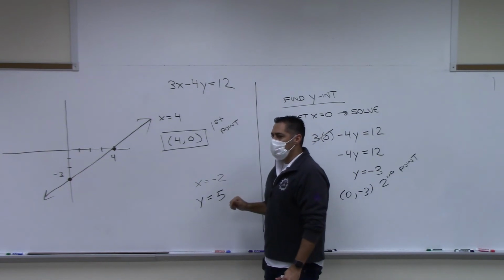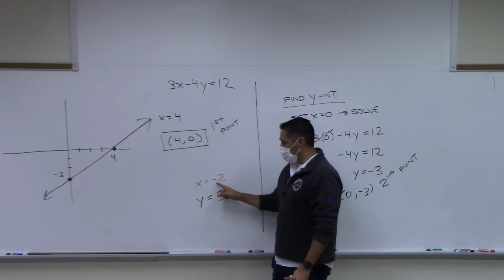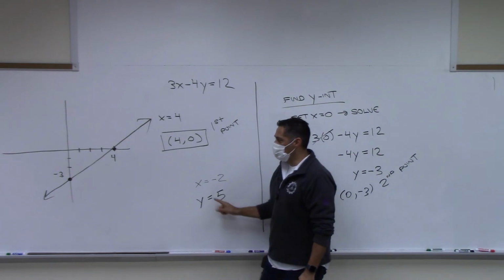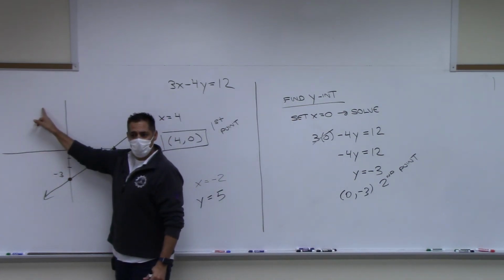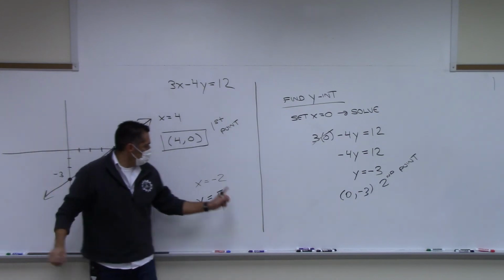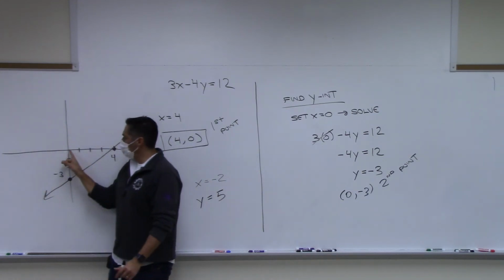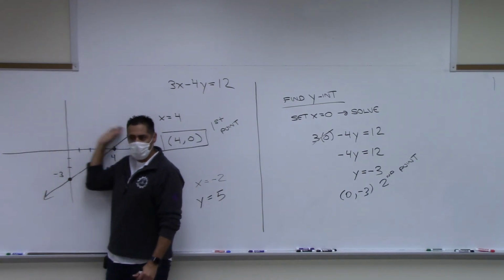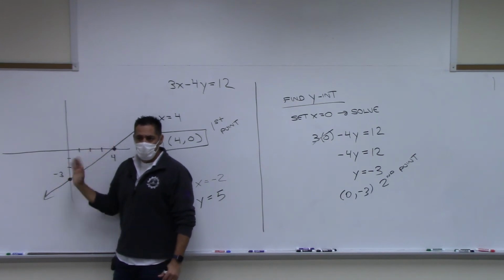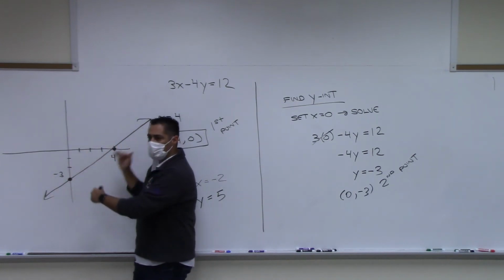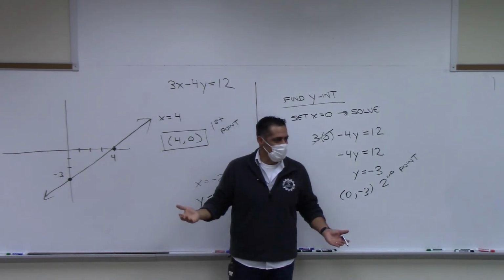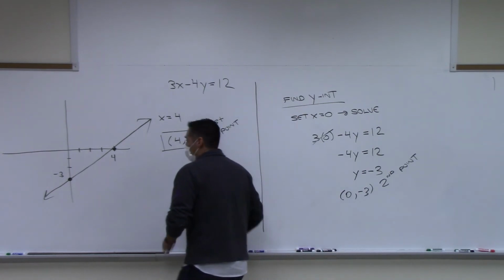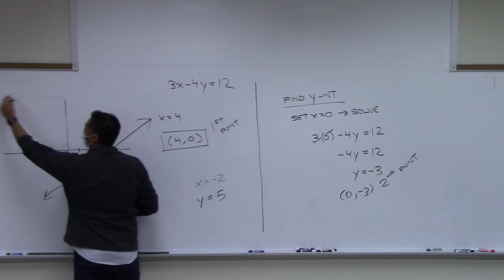So why no? Because the x is -2 and the y is 5, which puts you where? Somewhere else. Up here, right? Do y'all see that this right here would be to the left 2 and up 5 up here, and that's obviously not on this line? So it is useful to have a line because it gives you a visual idea of the things that don't work. If I ever have something over here, it's not going to work.